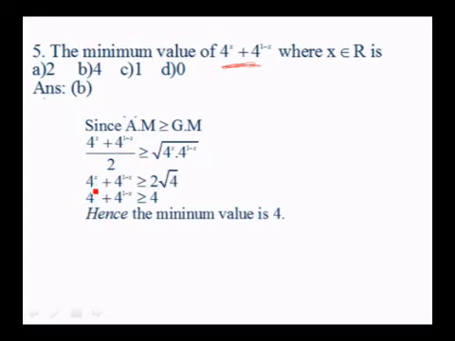So 4 to the power of x plus 4 to the power of 1 minus x is greater than or equal to 2 into root of 4. Here x and 1 minus x give you 4 there, so root of 4 is 2. So 2 into 2 is 4. Therefore, the minimum value should be 4. Answer is 4.